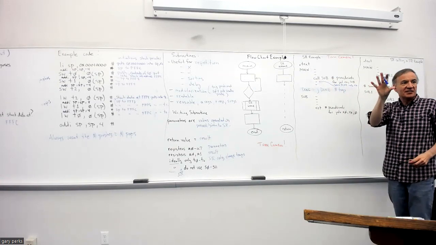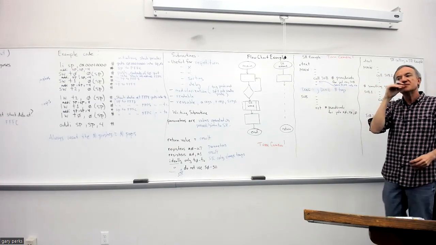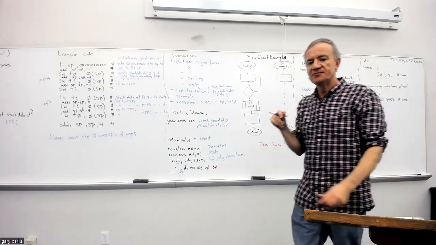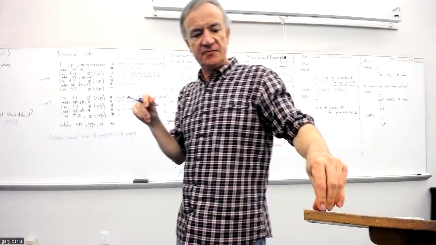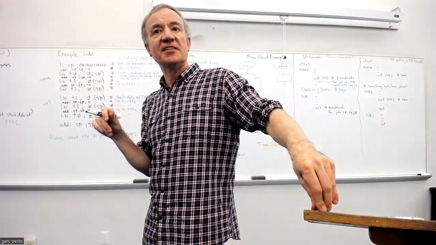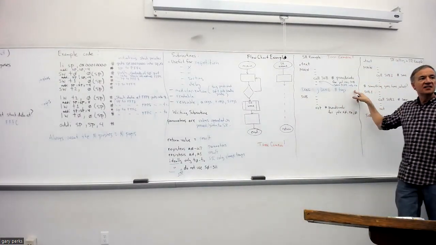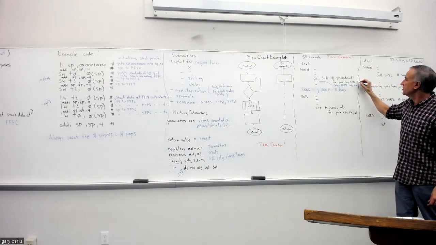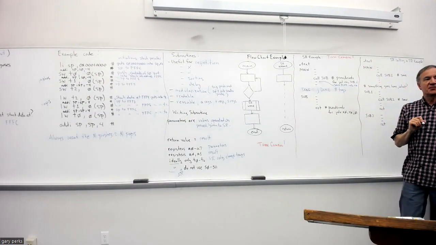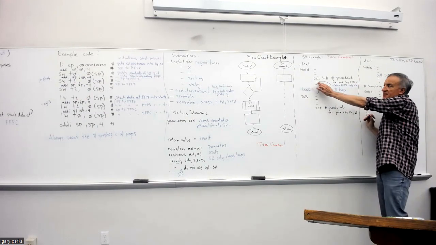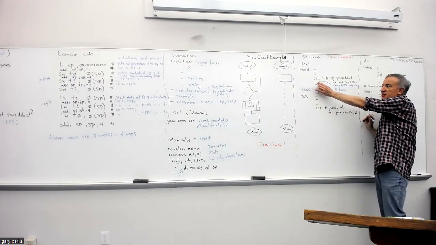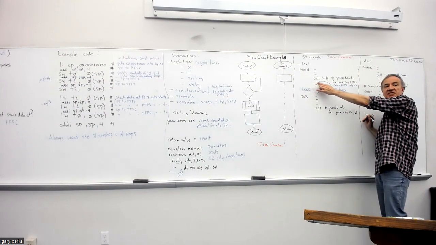That's one of the specialty registers. What does RA stand for? Return address. And what register is it? Register 1. It's X1, yeah, register 1. So we want to save the address of that next instruction after the call because we want to return to this once the subroutine is done.